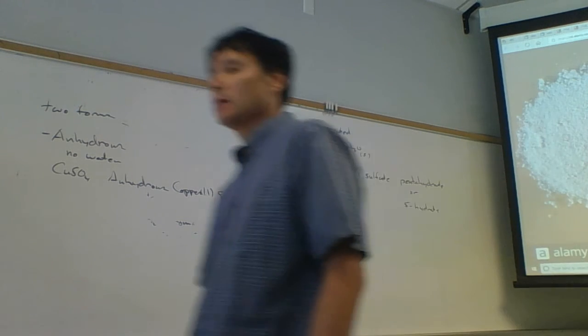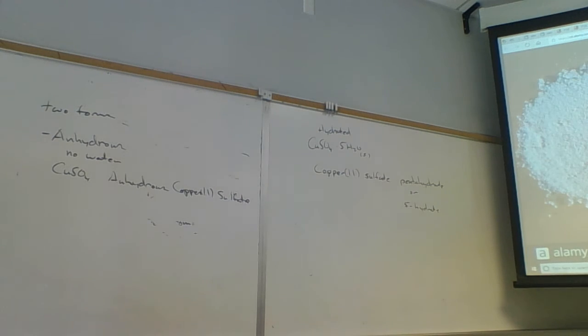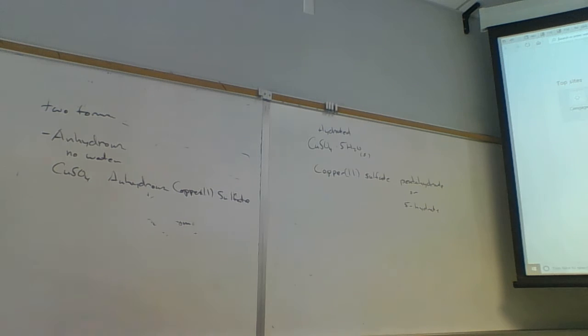And so when we look at the crystal structure of copper 2 sulfate, let's take a look at that. I'm just going to call it copper sulfate crystal structure, and then see how things are packed together in the crystal itself.